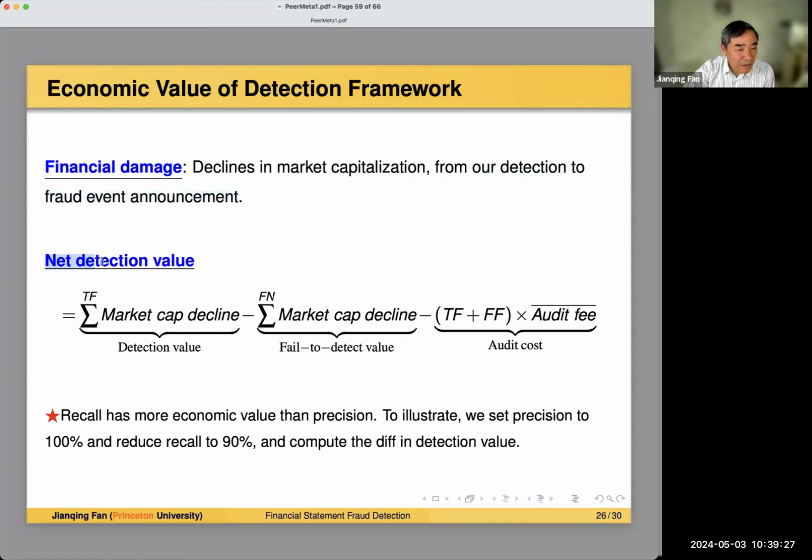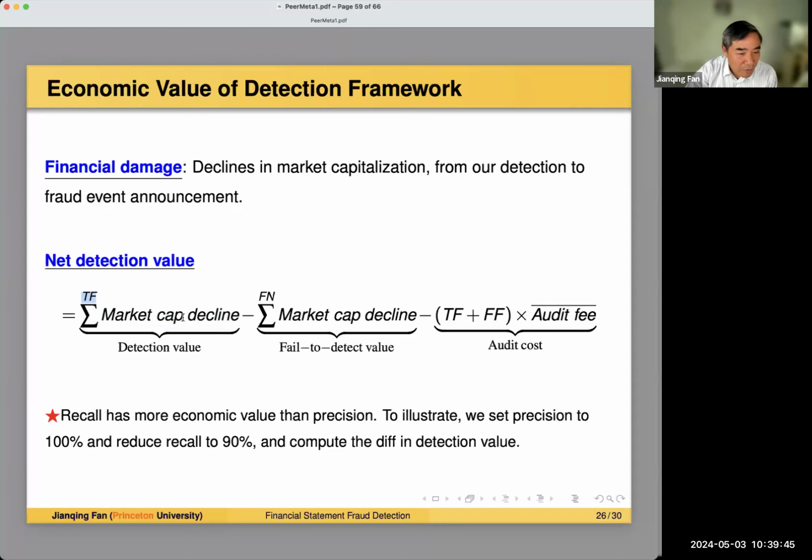So the detection value is the market value decline during the time period from when we detect it to the event being announced, among the true discoveries, right?